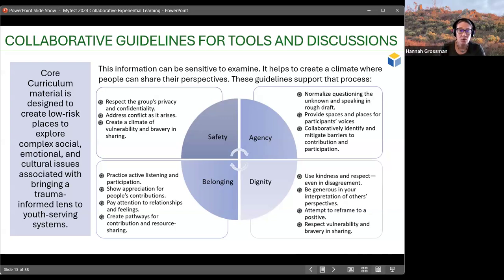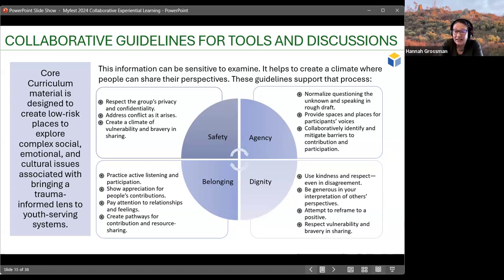So safety, our group climate guidelines are to respect the group's privacy and confidentiality, to address conflict as it arises, to create a climate of vulnerability and bravery in sharing. The agency is to normalize questioning the unknown and speaking in rough draft, to provide places and spaces for participants' voices, to collaboratively identify and mitigate barriers to contribution and participation.